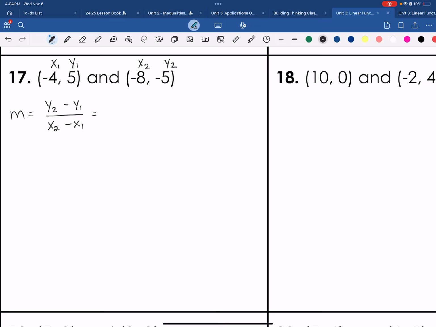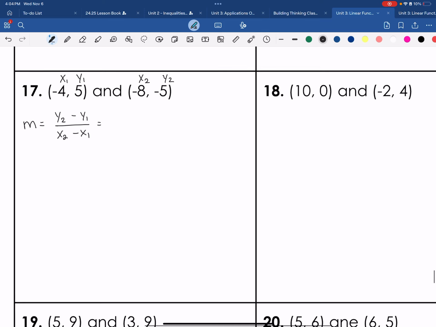For some students, it's really helpful if you need more of a visual cue, and I think some of you kind of do this with equations, so it might help. For the y's, they go over to make sure that they see what's going on, so they'd say -5 minus 5. And then for the x's, they go under. So -8 subtract a -4. And that just helps them to make sure they put things where they belong.